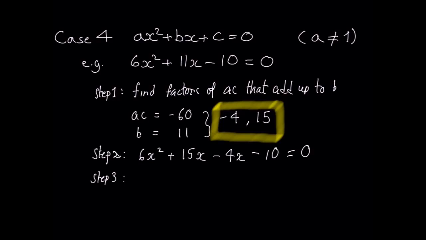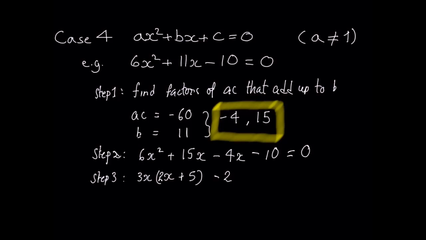So if we look at 6x squared and 15x, we can write that as 3x multiplied by x plus 5. And then for minus 4x and minus 10, we can take out minus 2. Sorry, that's going to be 2x there, isn't it? 3x multiplied by 2x plus 5.